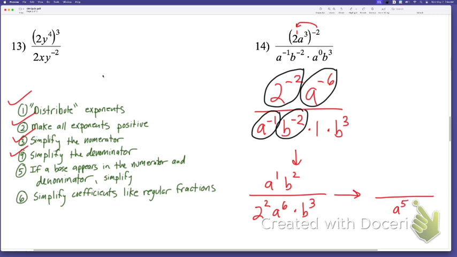For the b's, there's 1 more in the denominator, so we'll have b to the first. 2 to the second, that's just going to be 4. And so the only thing left in the numerator is 1 as a placeholder. And of course, in our final answer, we can just write b instead of b to the first.